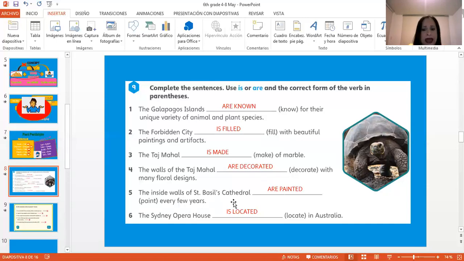Obviously, a person painted the cathedral. Obviously, a person decorated the walls of Taj Mahal. But that person, the doer of the action in passive voice, is irrelevant, is not important to mention. That is why in the sentence, you do not include the doer of the action.